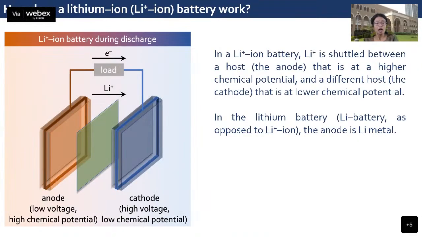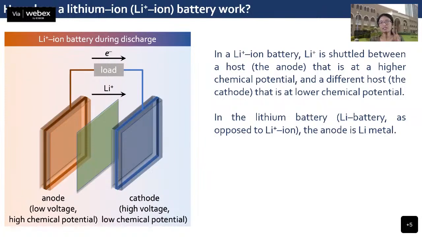So how does the lithium-ion battery work? The lithium ion is shuttling between a host, which is your anode, at a higher chemical potential, and the cathode, which is at a lower chemical potential.